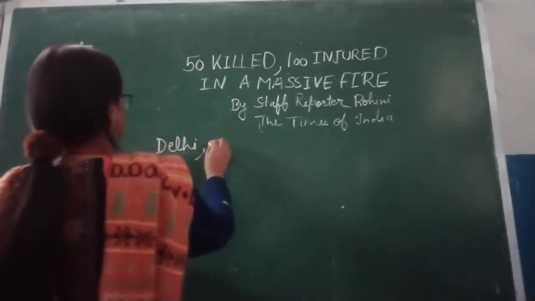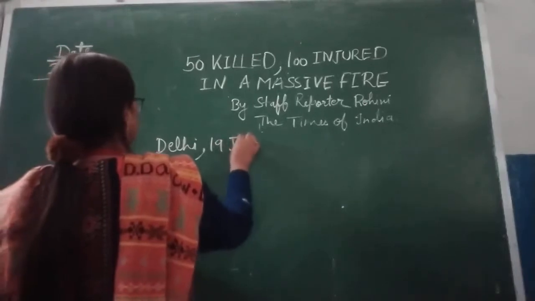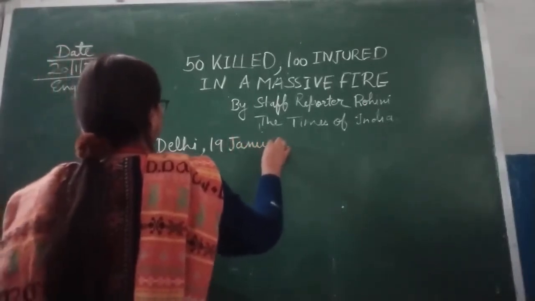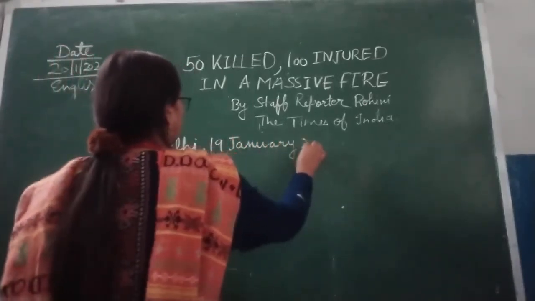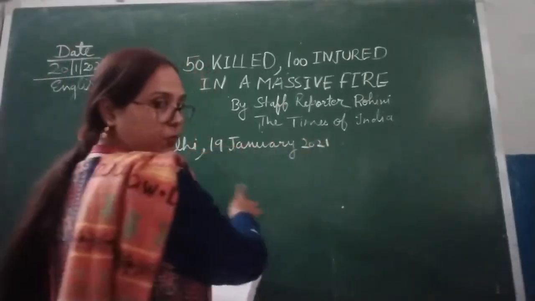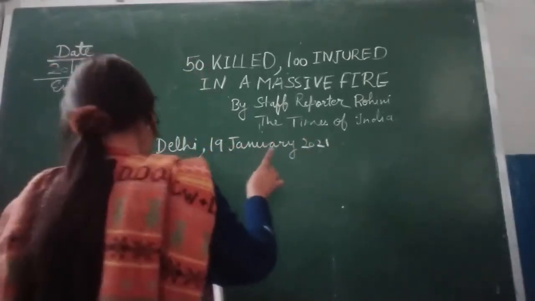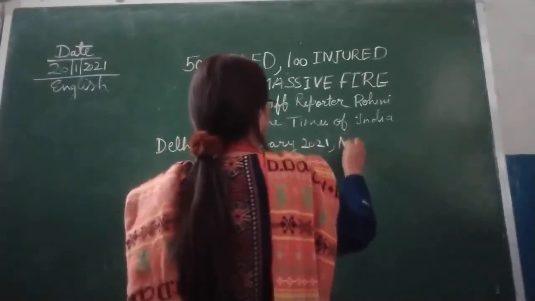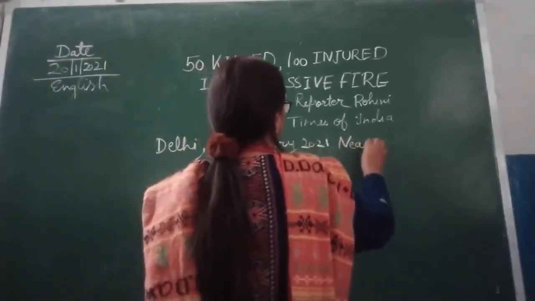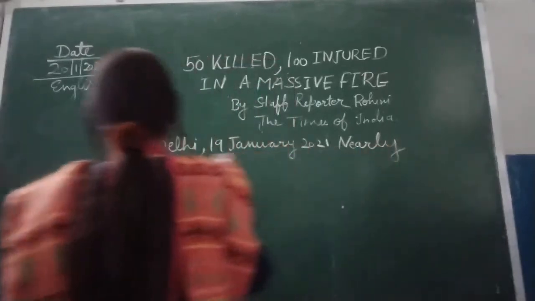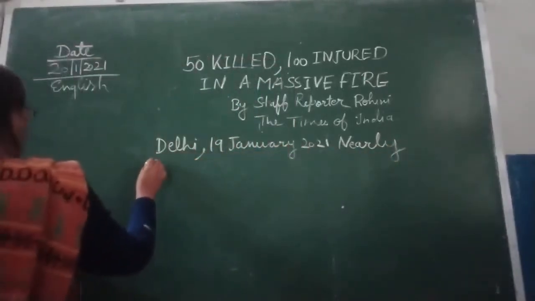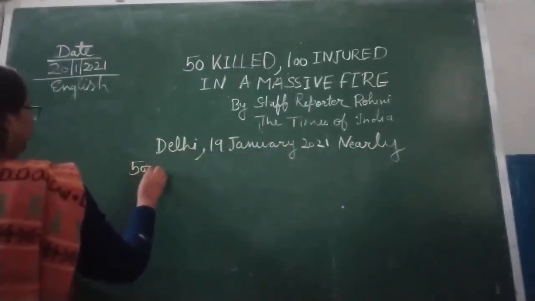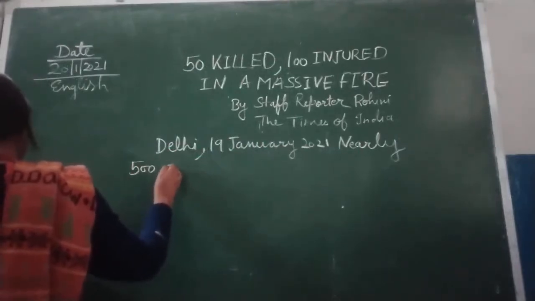Previous night is 19 January 2021. You have to mention the whole date. Nearly 500 dwellings.